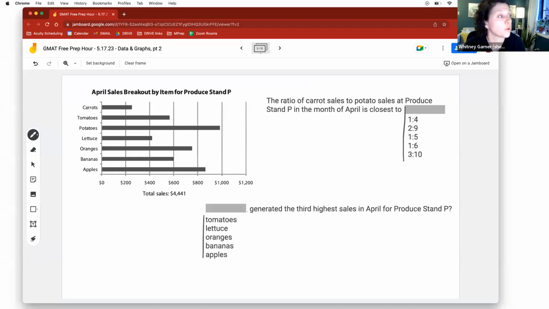So we're going to start with a pretty straightforward standard bar chart. We'll have two questions. They'll always be two-part when we've got a graph. You'll have to click on the little box and there'll be a drop-down menu with anywhere from 2 to 6 different answer choices.